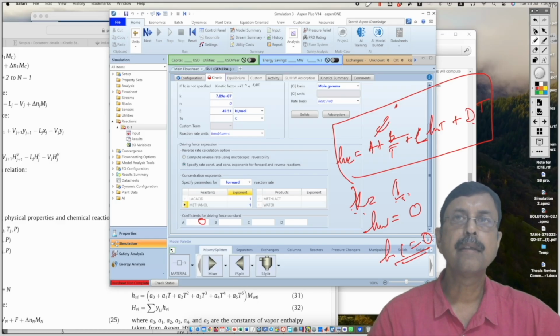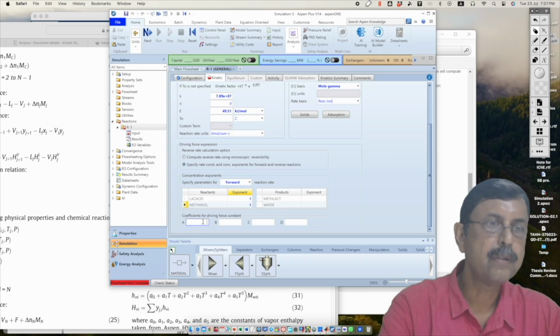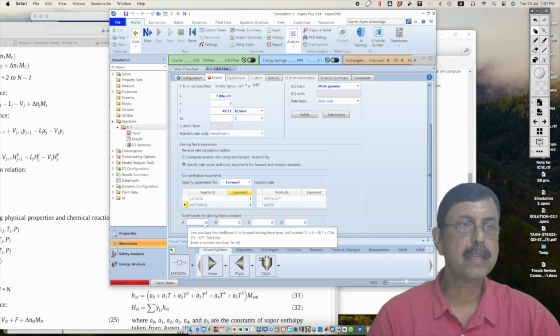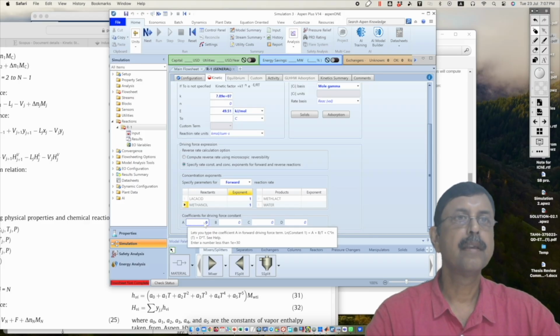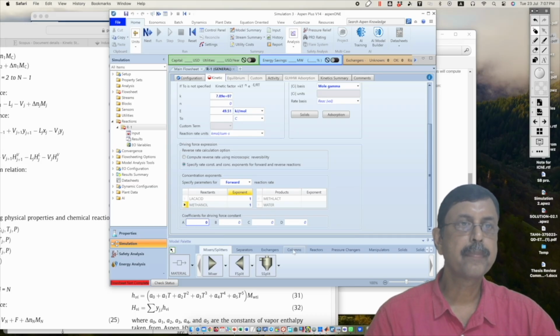So for that we have to provide 0 over here. Once we put 0 over here, that means K is equal to 1.